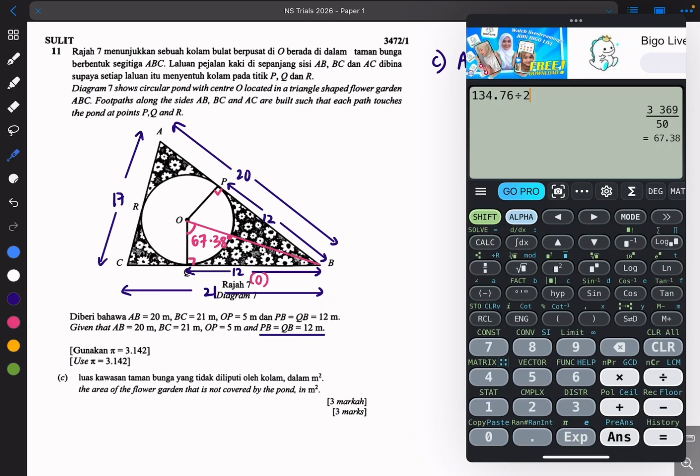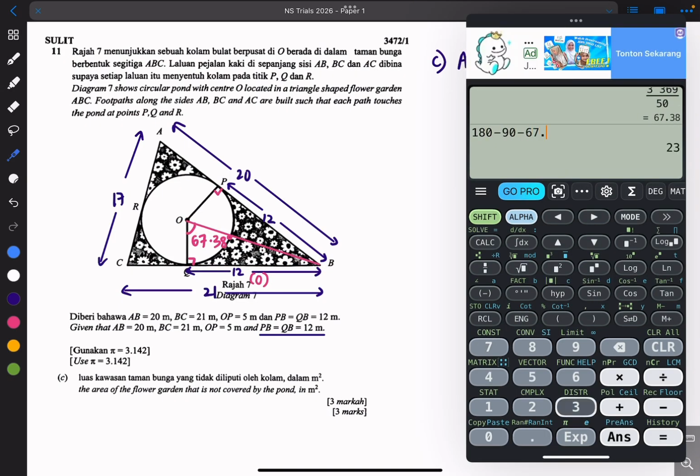So if this is 67.38 and this is 90, we can easily find this, because the total angle in a triangle is 180. So 180 minus 90 minus 67.38, we get 22.62 here. So the whole angle will be double. Times 2, we get 45.24.